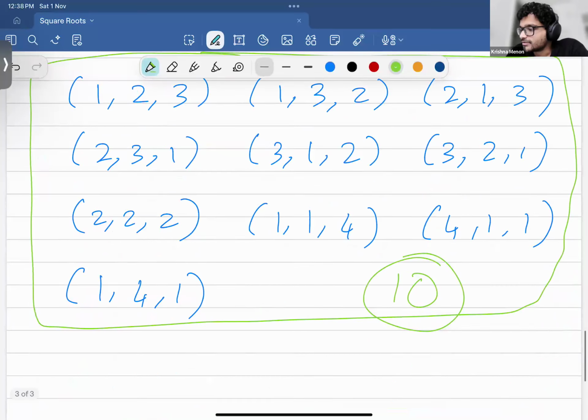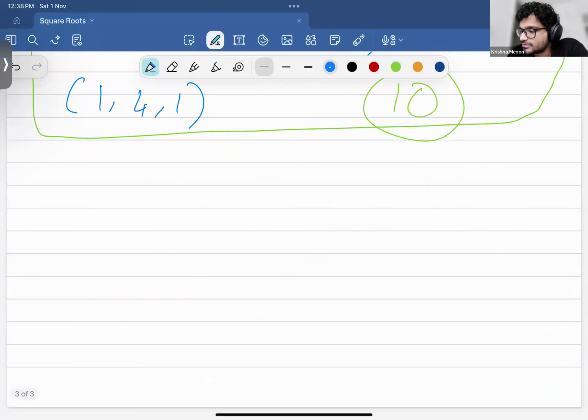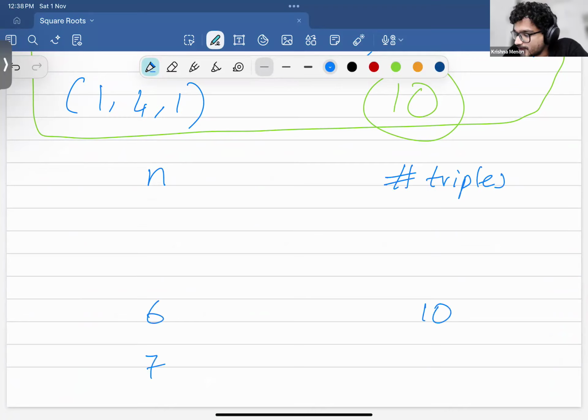Right? So what I would suggest that you do is for other numbers, exactly the same thing I want you to try. So for example, for 6 over here, we got 10. So what about 7, 5, 4, 3, and so on? Maybe I'll space them out better.